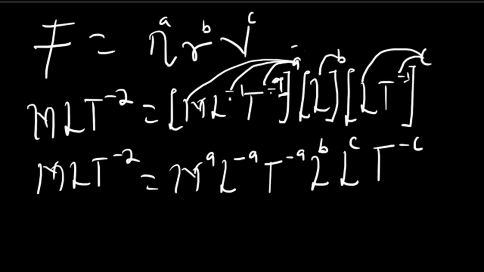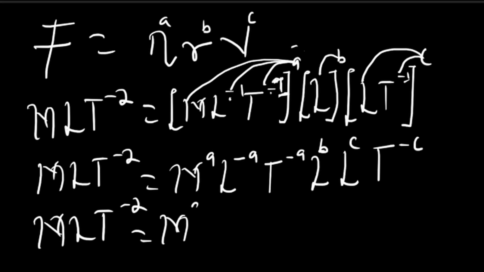We pick the M first, we pick the L, and then the T. Hence, we now have M, L, T minus 2 is equal to, let me rearrange them, M to the power of a. We only have one M, so we don't have to bother. Now, the next one here is our L, right?